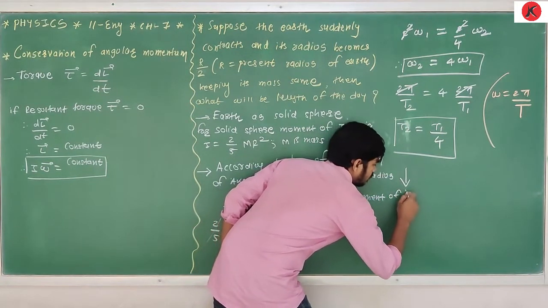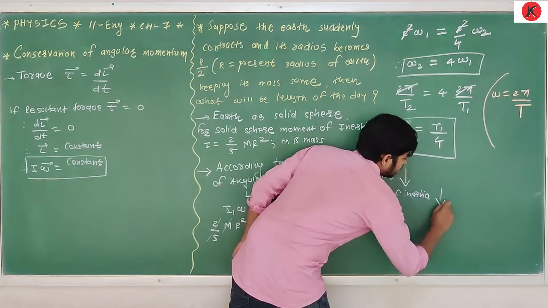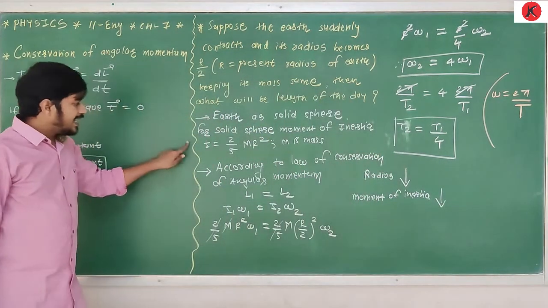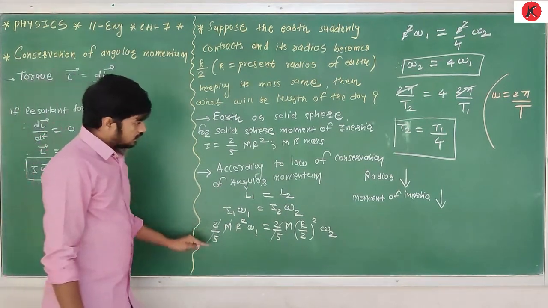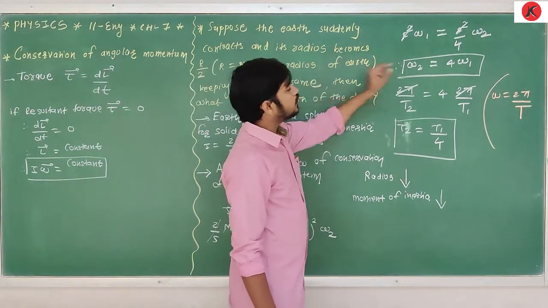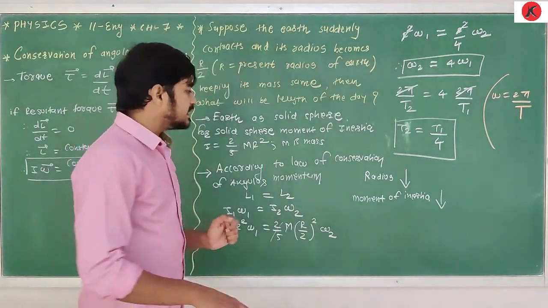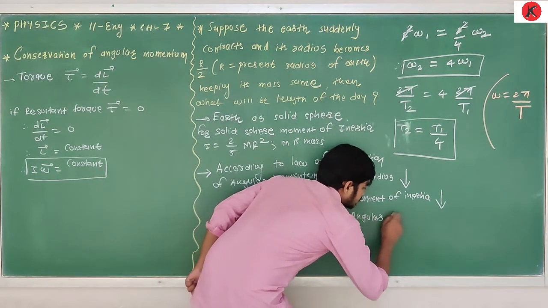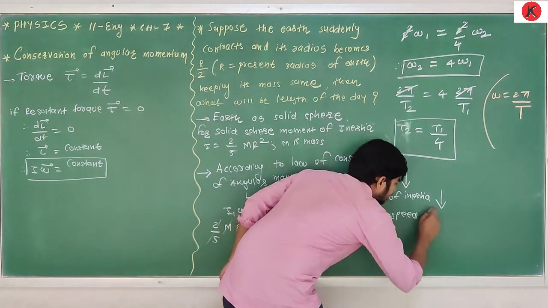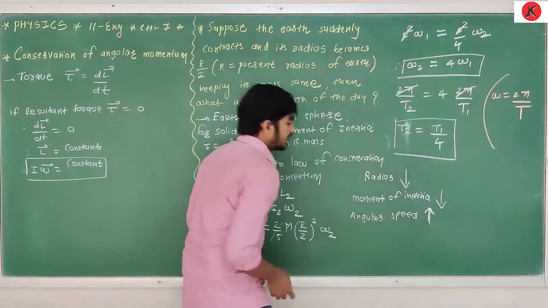And according to the law of conservation of angular momentum, omega 2 is equal to 4 omega 1, which means angular speed increases.